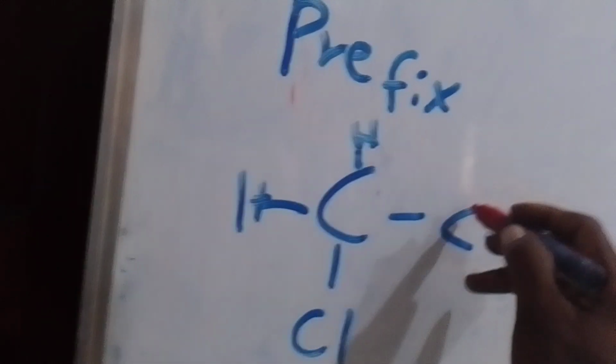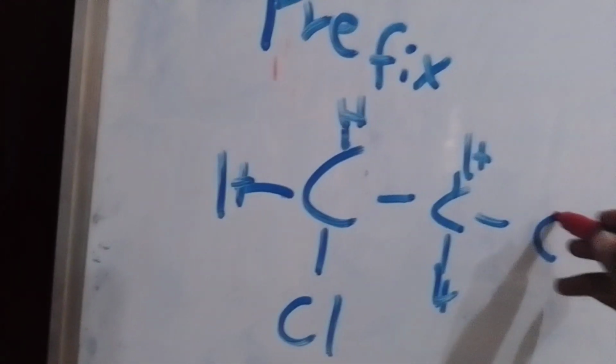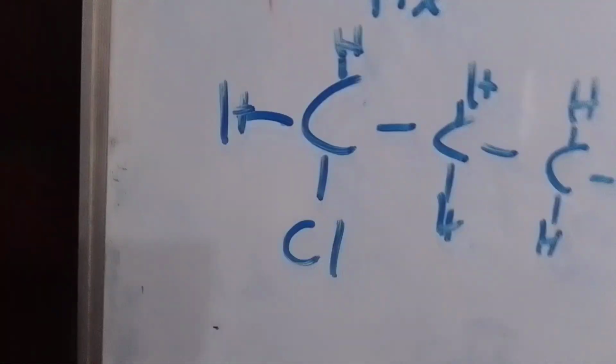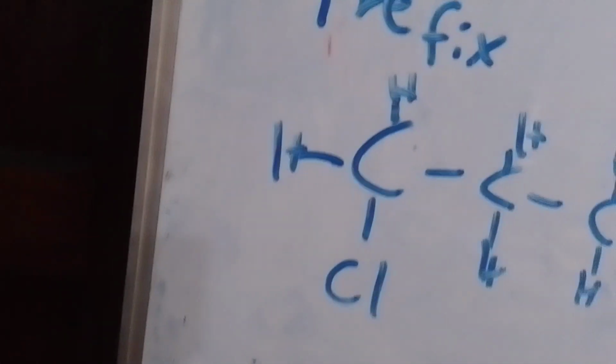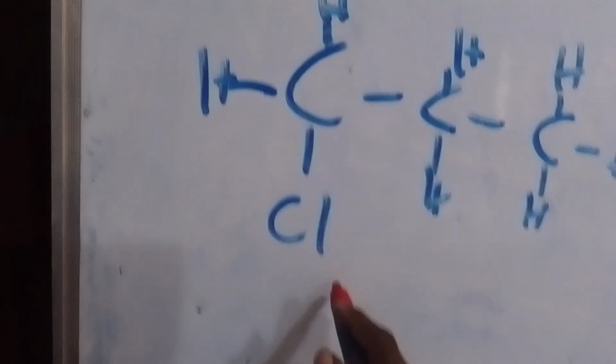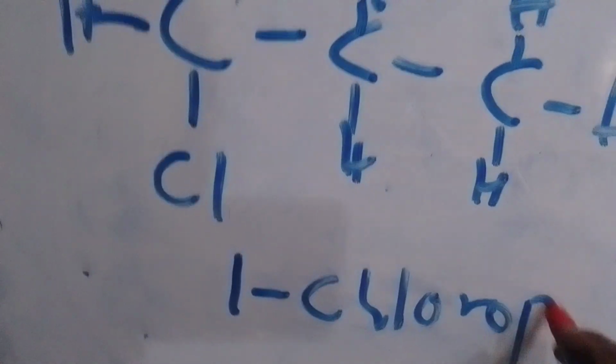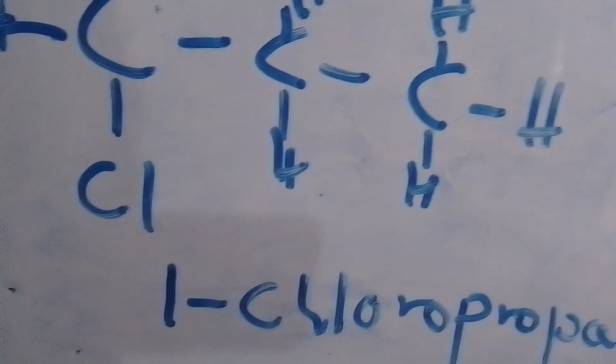For example, if I have a compound like this, and I want to give the name of this compound, this will be 1-chloropropane.